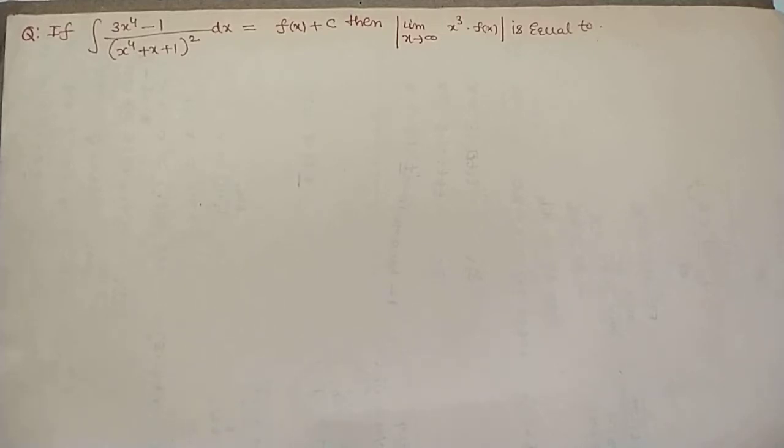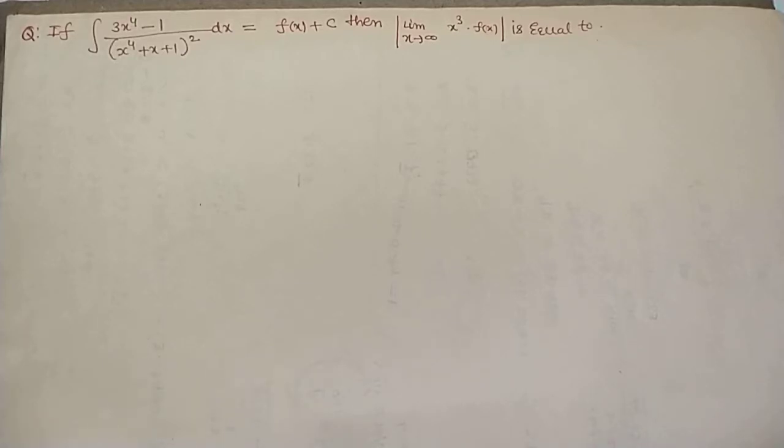If integral of (3x power 4 minus 1) divided by (x power 4 plus x plus 1) whole square into dx is equal to f of x plus c, then mod limit x tends to infinity x cube into f of x is equal to.